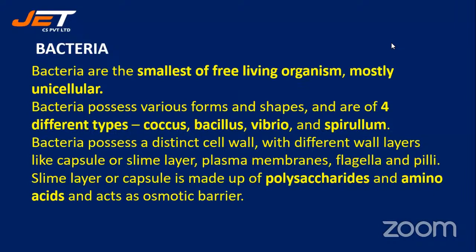Okay, so bacteria, we have learned that it is the smallest free living organism which is mostly unicellular, and bacteria possess various forms and shapes and are of different sizes like coccus, bacillus, vibrio, and spirilla.